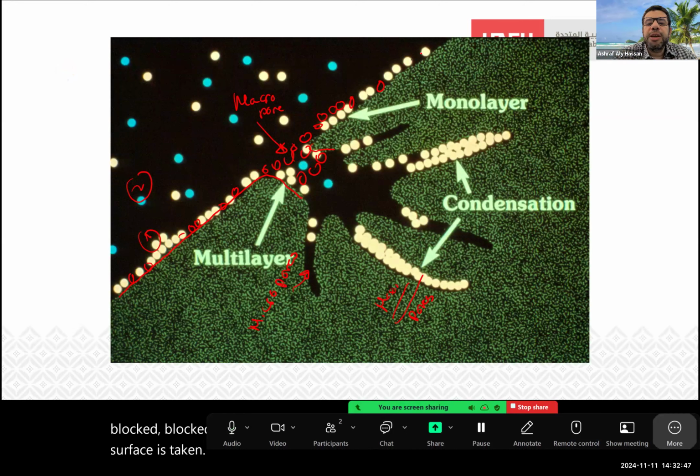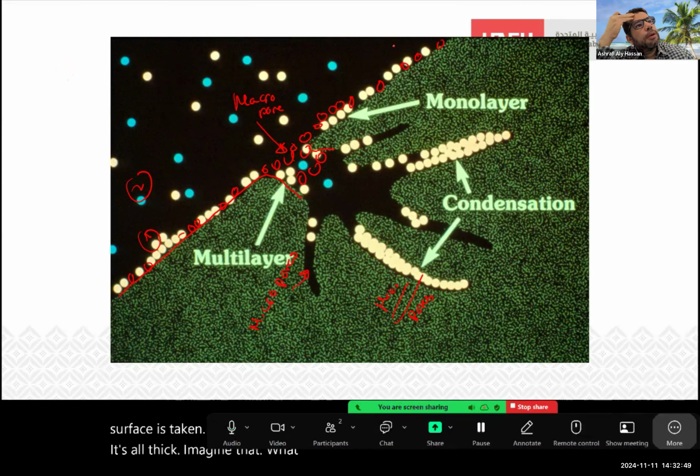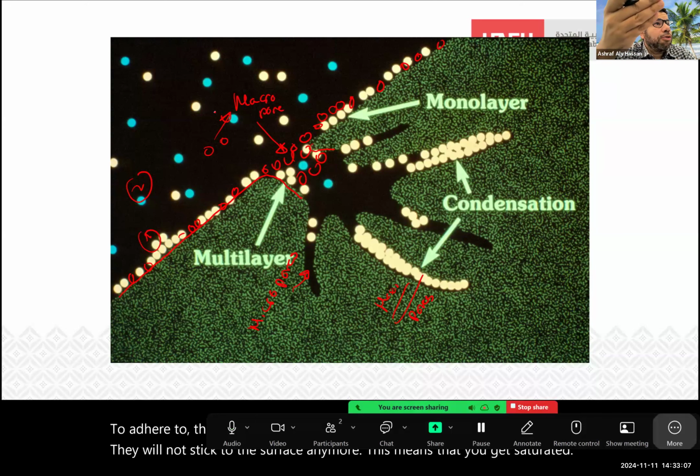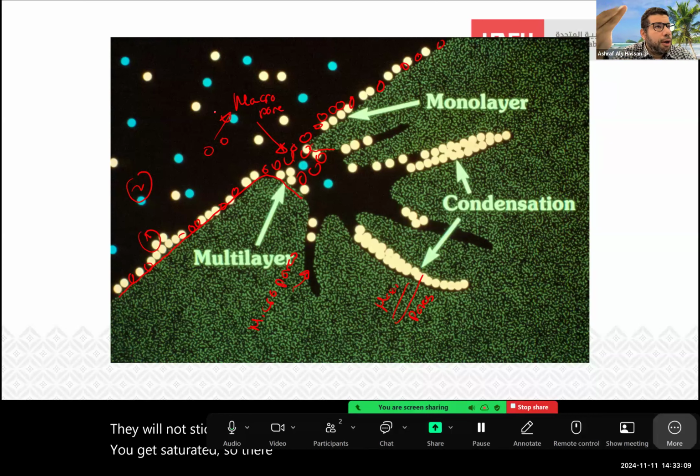What will happen? When new molecules come, they don't find any surface to adhere to, they will just keep going. They will not stick to the surface anymore. This means that you got saturated. There is no more space for another compound to adhere to the surface.